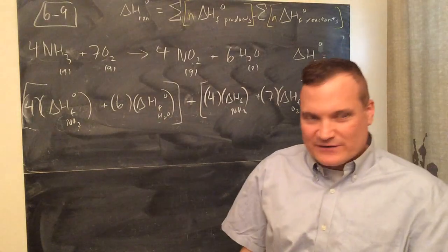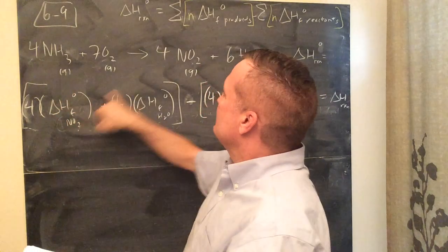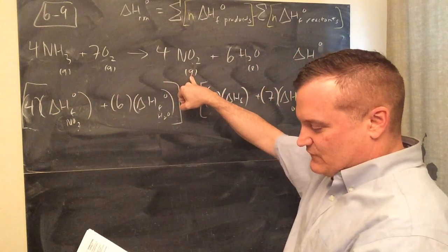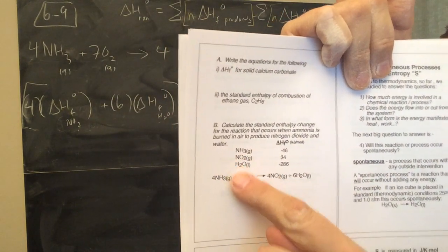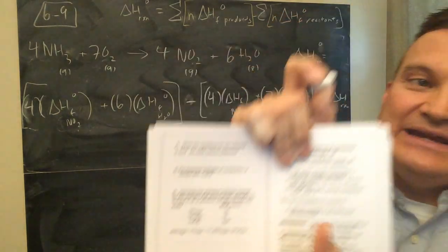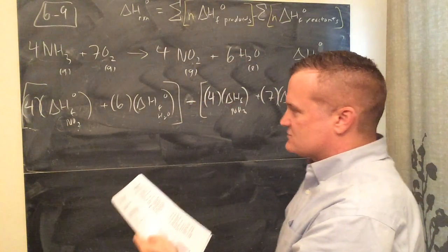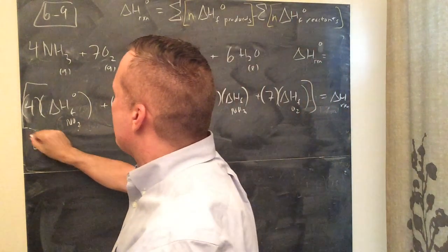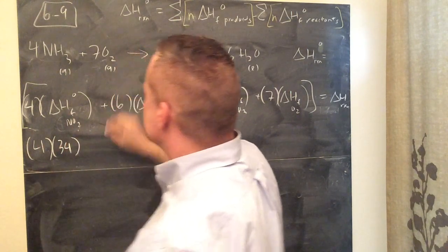All right, so let me plug the numbers in. What is NO2? Now, you have to be very careful. NO2 gas. You have to look for gas. A lot of times, they're going to give you NO2 gas and solid and liquid all there, and you don't need all that information. You only need NO2 gas. For NO2 gas, it is positive 34. So 4 times positive 34, and these are all kilojoule per mole. That's the unit.